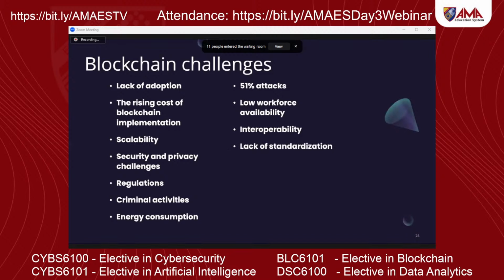Okay, lack of standardization, integration with legacy systems, and private key issues. So many blockchain challenges. Ito lang muna yung mabibigay ko as of now. Commonly challenges of blockchain technology.